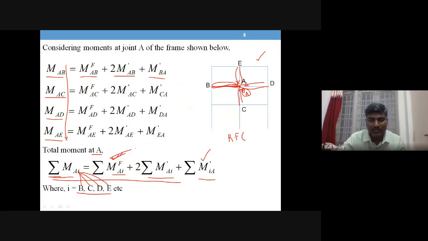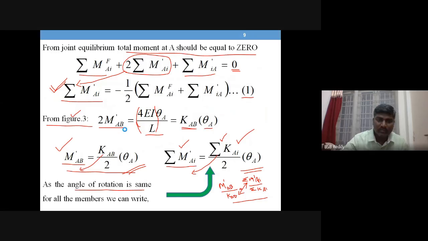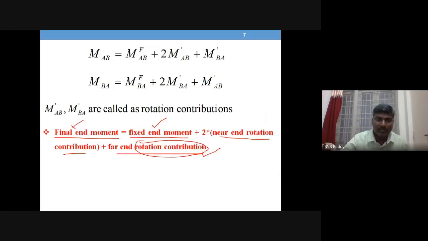So these two terms shall be added, and that will give you the rotation contribution at A in member AB. Similarly for all other members. For member AC, use the same formula. This is how we are able to find the required terms to calculate the end moment.